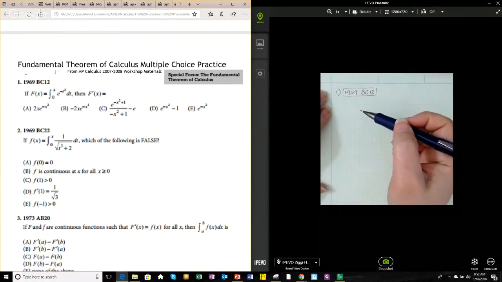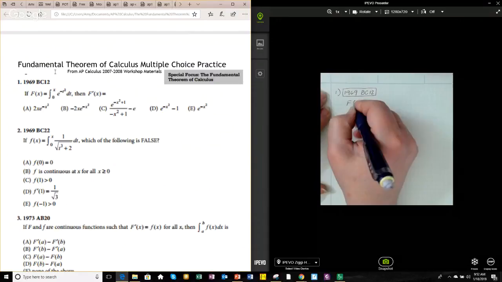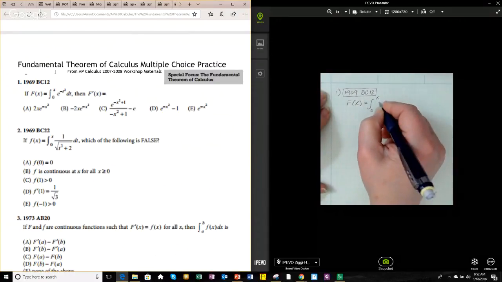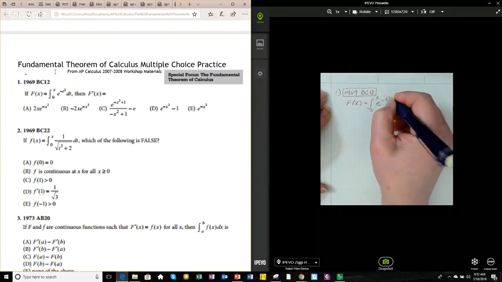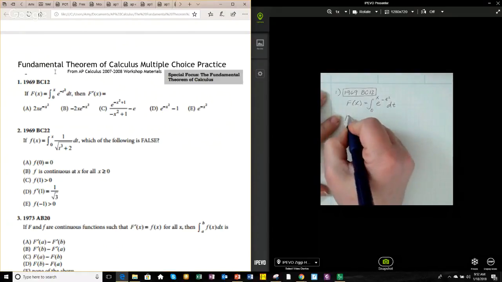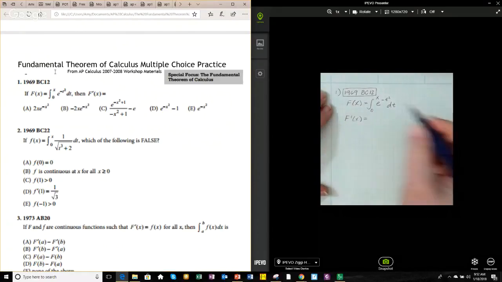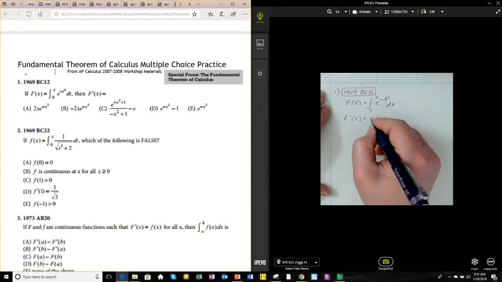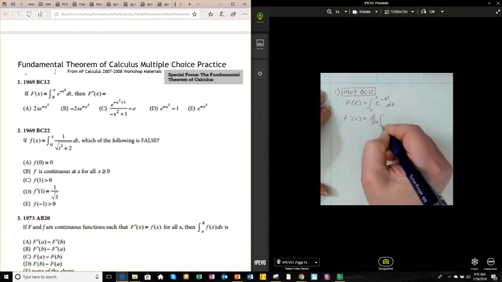Okay, so they're telling us if f of x is equal to the integral from 0 to x of e to the negative t squared dt, then we need to find f prime of x. Well, we should be able to do this. It's pretty easy because we are going to be taking the derivative of an integral.